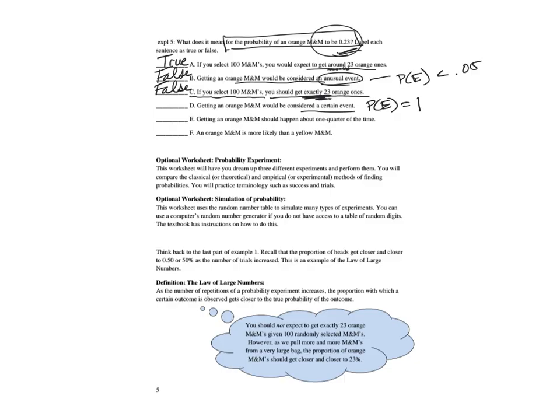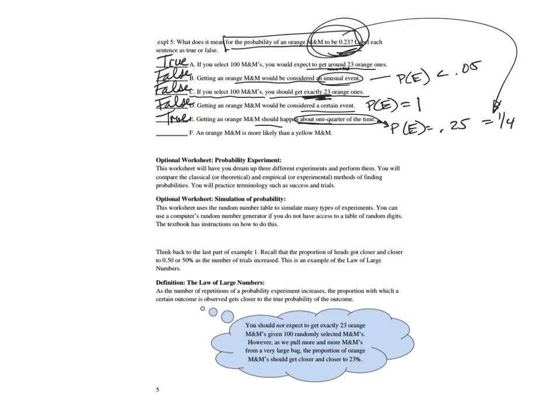It would always happen. It would be certain that I would get an orange. Well, that's not true either. E, getting an orange M&M should happen about 1/4 of the time. And that's 0.25, right? 1/4 is 0.25, and 0.23 is pretty darn similar to that. Okay, I'm going to go with true on that.